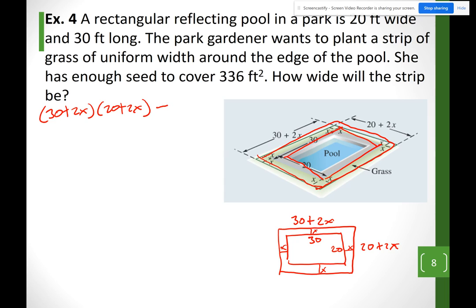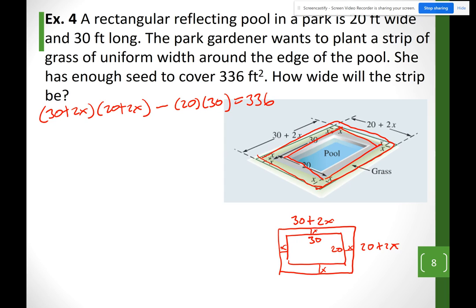Let me take away the area of the pool, which is 20 by 30. So remember, I have the area of everything minus the area of the pool. That's how I have the grass. And I know that the grass, I have enough seed to cover 336 square feet. Let me solve for x.